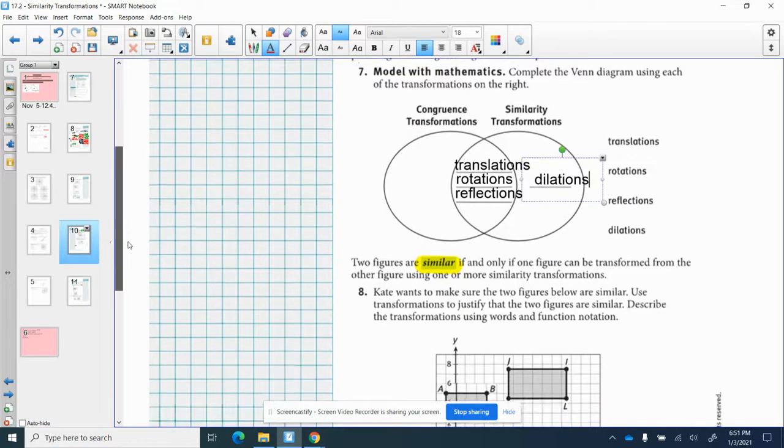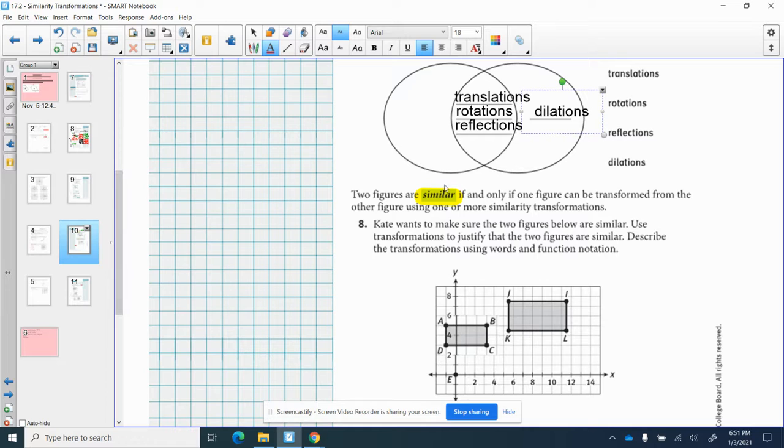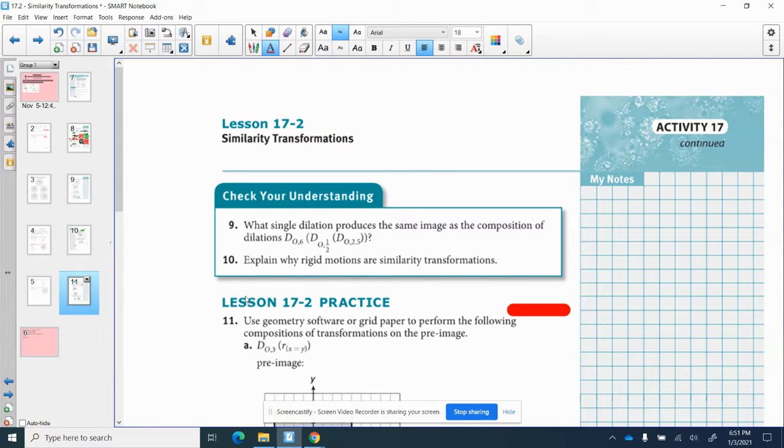Okay, so we would call all of these figures similar to each other because we can use similarity transformations to make one figure into the other, whether that be just one or a composition like we've been dealing with in these last couple problems. Okay. So again, explain why rigid motions are considered similarity transformations.